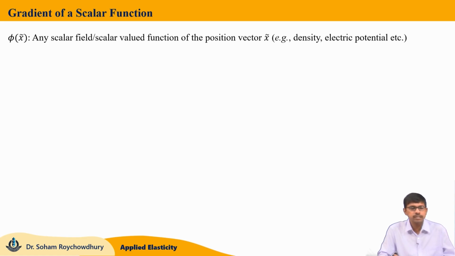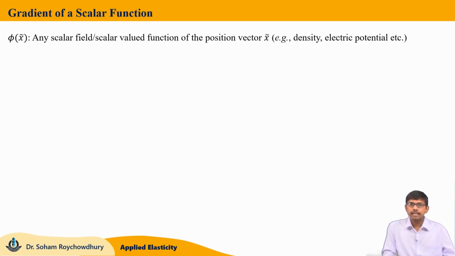So, we start with phi, which is a scalar field or scalar valued function of x. X vector is the position vector, and this scalar valued function can be any scalar function, maybe the density of the material or electric potential or any other field which is defined within the body, and that is a function of the location of the point or position vector of any point of the body.